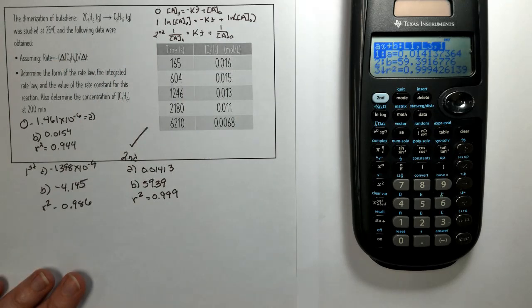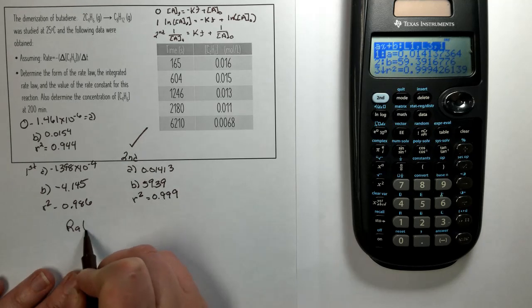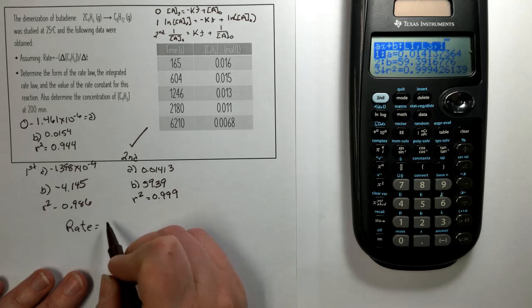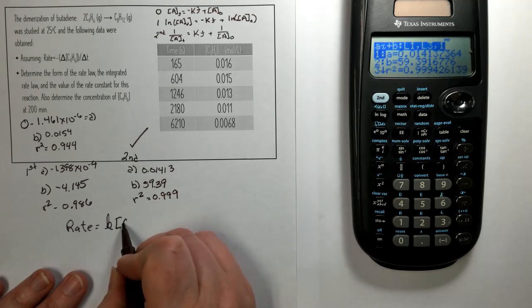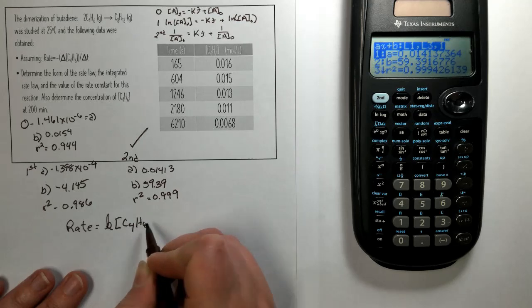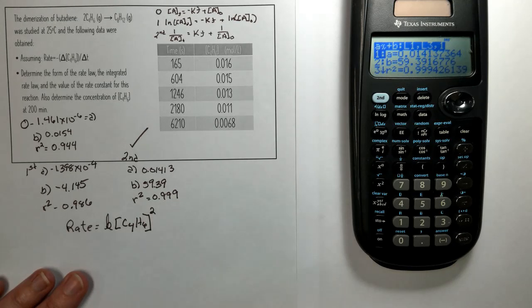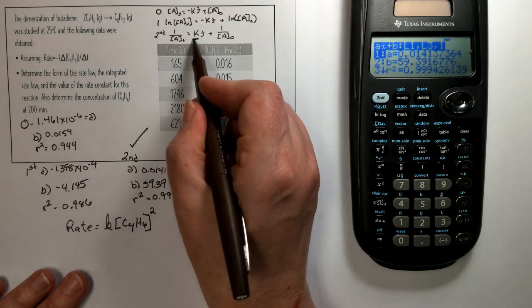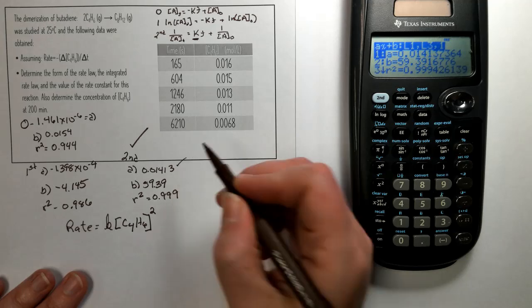So we are going to determine the form of the rate law. So our rate is going to be equal to our rate constant K times the concentration of C4H6, and all that work that we just did tells us that that is a 2. It's second order. And we also know that K is equal to the slope of that best fit line, which is this number right here.